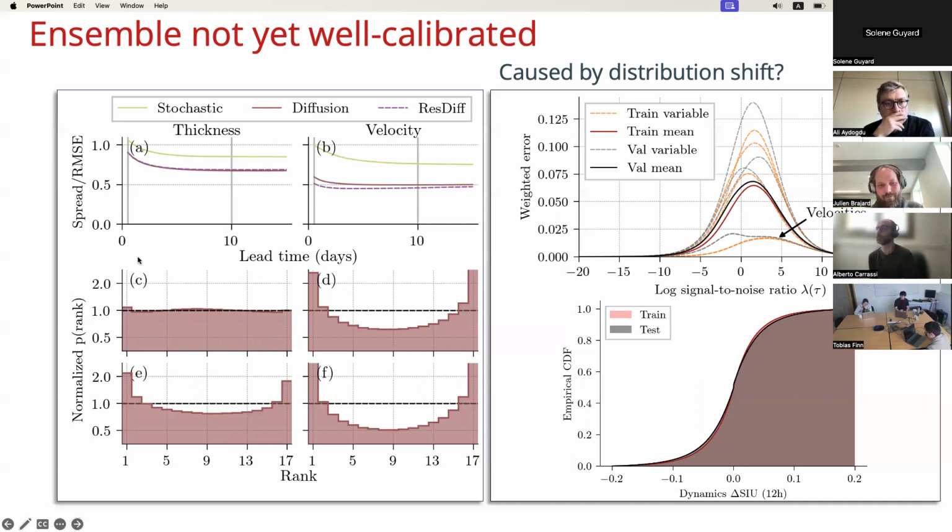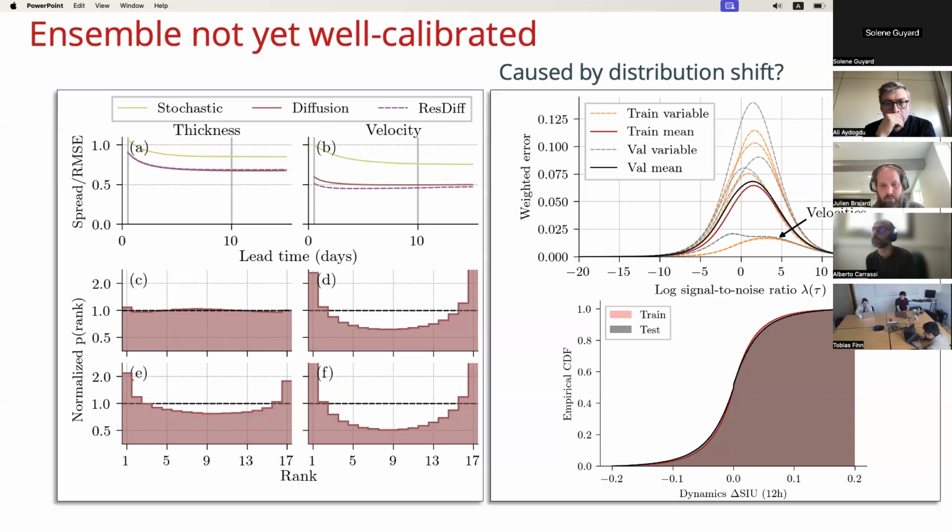However, for the CS velocities, we can see that the spread skill ratio is quite bad, meaning that the diffusion model is heavily underdispersive. And frankly, I don't know why. It shouldn't be like this. For the velocities, it should look like the CS thickness, because here I show the rank histogram after 12 hours and after 10 days. For the CS thickness it is more or less a perfect rank histogram, whereas for the CS velocities it looks horrible.